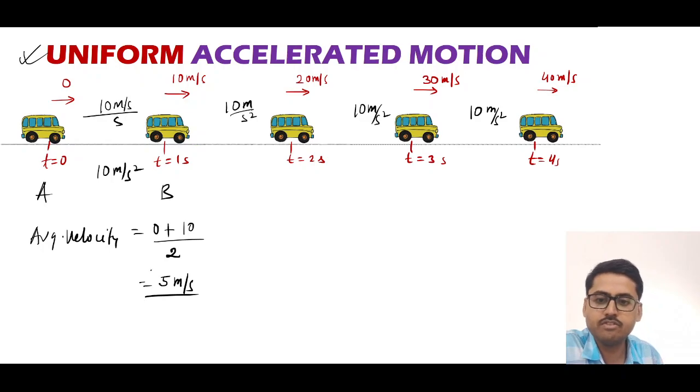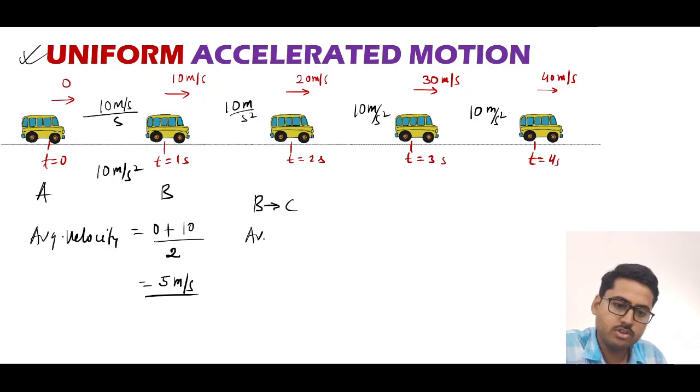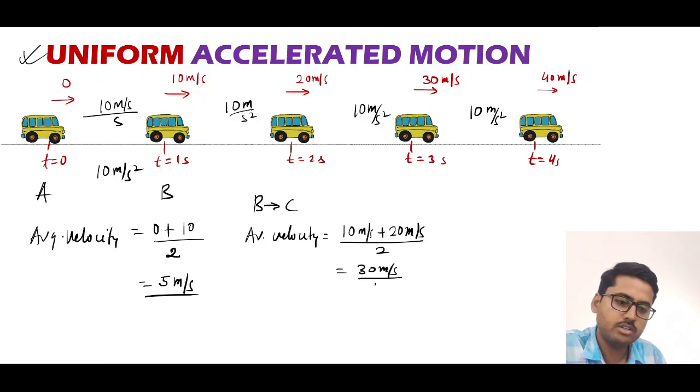That is the average velocity between point A and B. If I want to find it from B to C, the average velocity is initial 10 meters per second plus final 20 meters per second divided by 2, that is 30 divided by 2, and that is 15 meters per second.